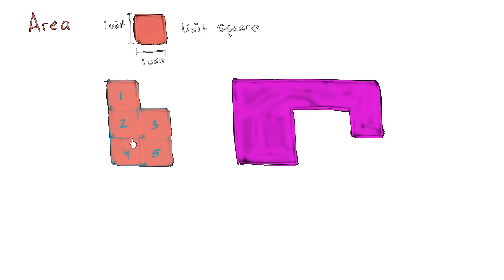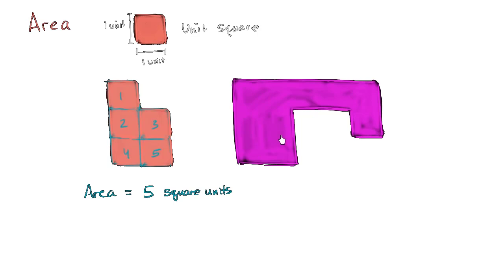And I could draw the boundary between those unit squares a little bit clearer. So we have 5 unit squares. And so we could say that this figure right over here has an area. The area is 5. We could say 5 unit squares. The more typical way of saying it is that you have 5 square units. That's the area over here.